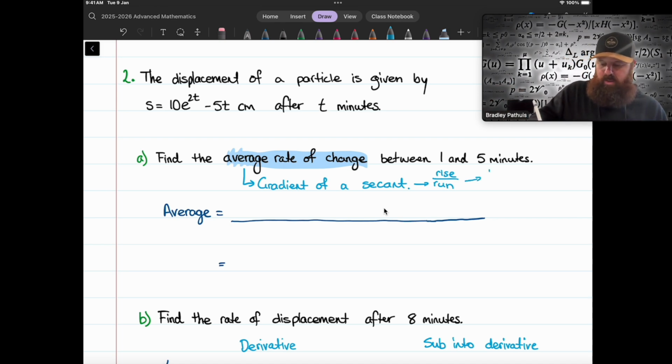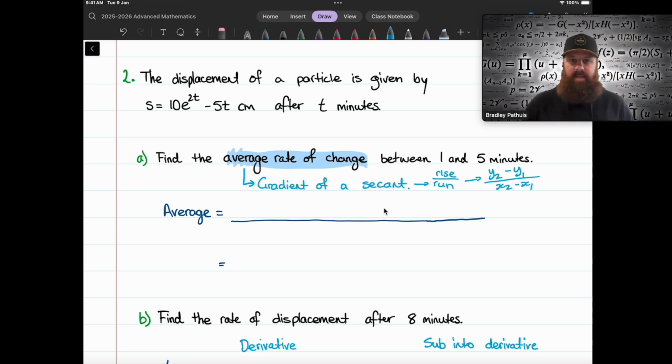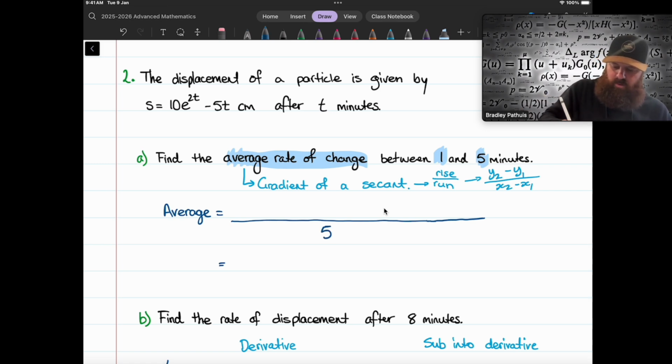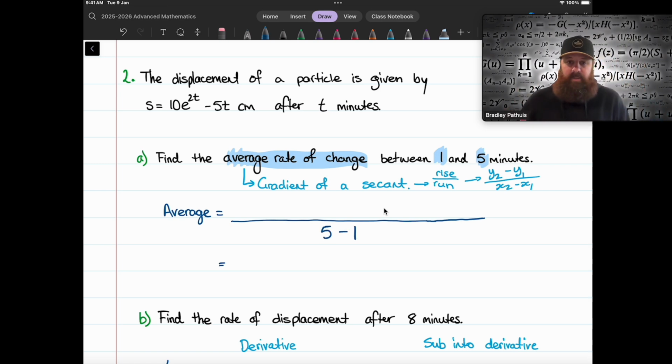And remember, rise over run is y2 minus y1 over x2 minus x1. So I need to know the value of the curve at t equals 1 and t equals 5. So that's going to be my numerator. And my denominator is just going to be the 2 x coordinates subtracting each other. So I'm going to do 5 minus 1.